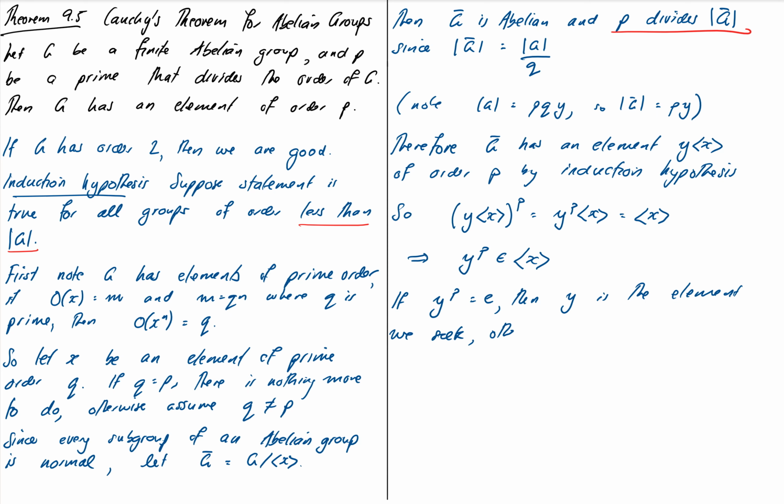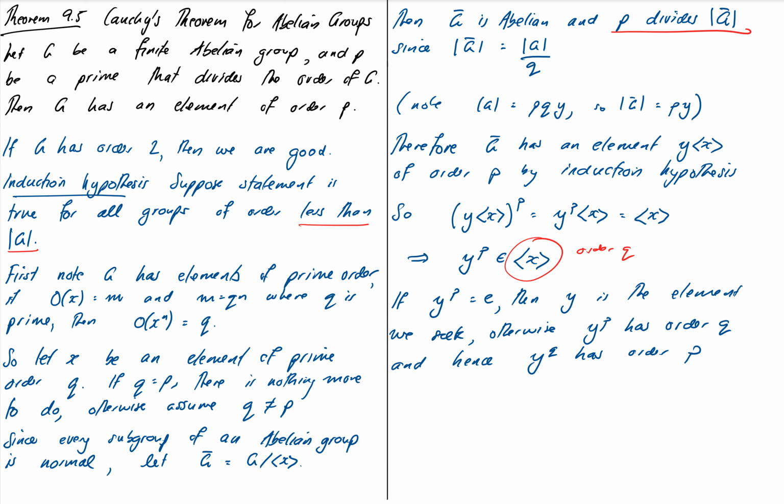Otherwise, y to the P must have order Q. Okay, the order of the cyclic subgroup is Q, and if we take an element of a cyclic subgroup of prime order that's not the identity, then it must generate it. And hence, y to the Q has order P.